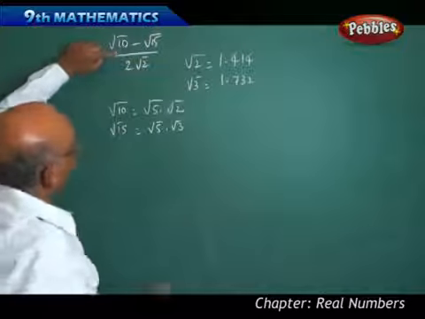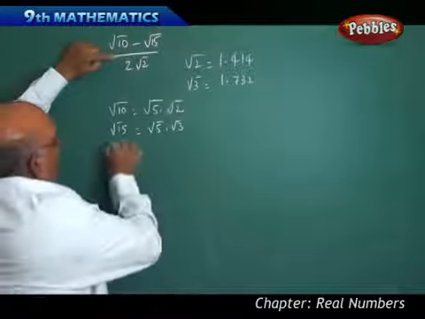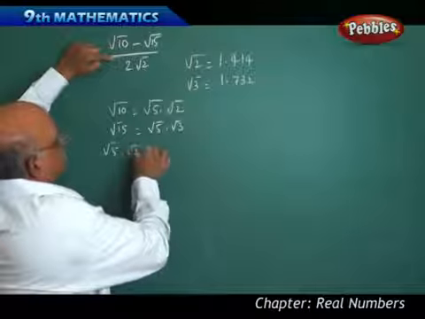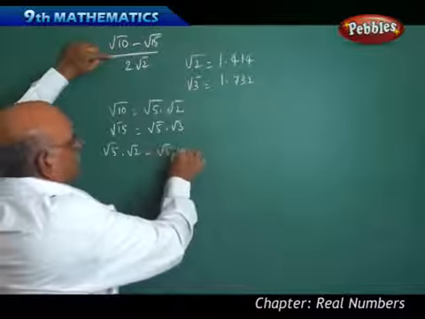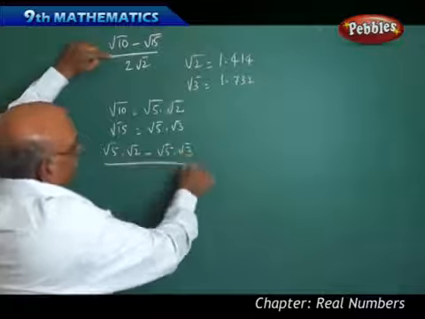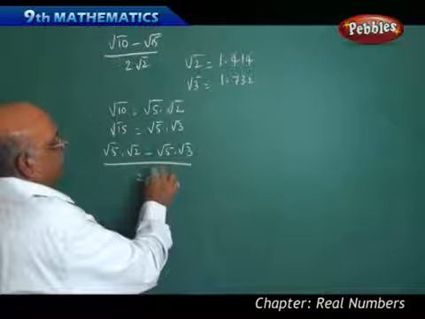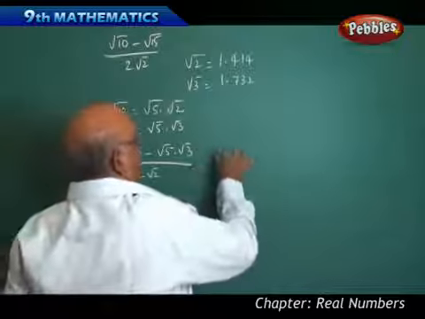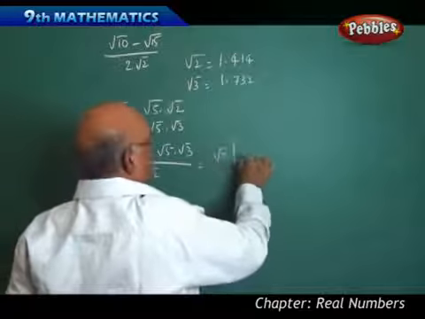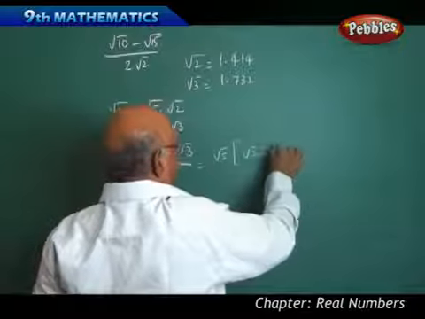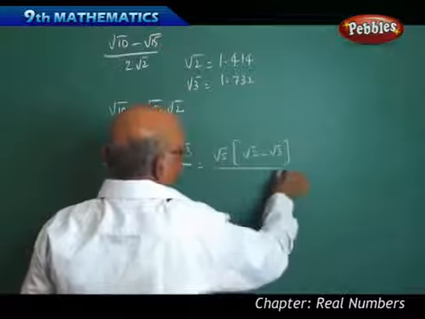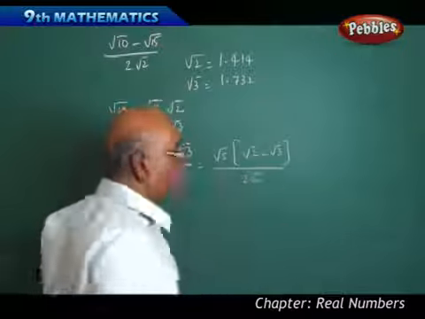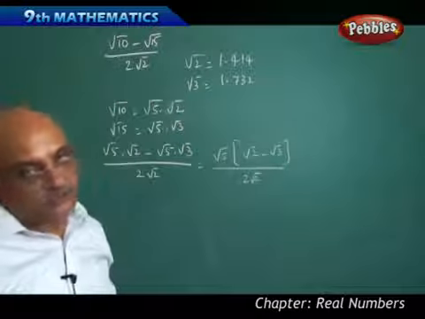Now, if I take like this, root 5 into root 2 minus root 5 into root 3, divided by 2 root 2. Now, this you can take root 5 out as a common factor: root 5 times (root 2 minus root 3), divided by 2 root 2. Multiply numerator and denominator with root 2.